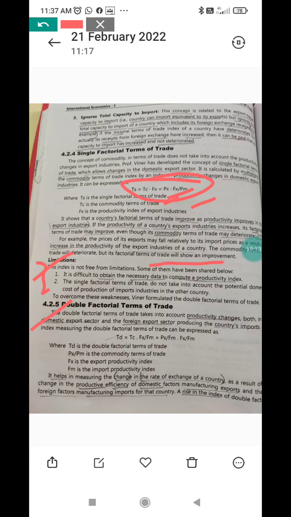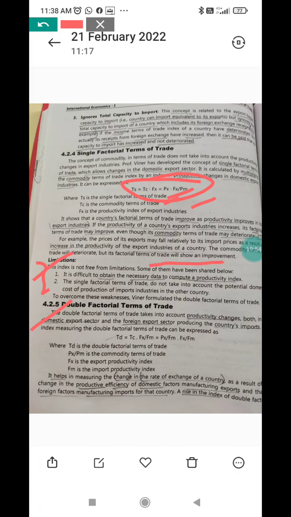The index measures the double factorial terms of trade can be expressed as TD is equal to TC. TD is double factor, TC is commodity terms of trade, FX export productivity index, FM import productivity index, is equal to PX price of commodity terms of trade divided by export productivity index.